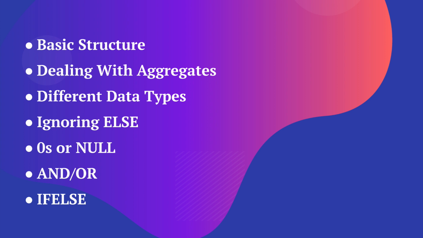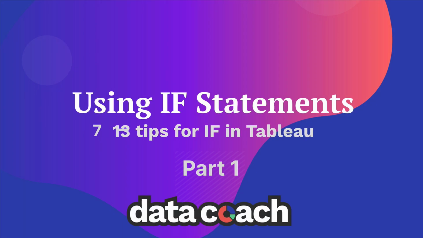And then in tip number 5, we discussed why you want to use nulls over zeros in the else statement when you want to ignore things. In tip 6, we discussed the and and the or. And finally, in the else if, we talked about how you can provide multiple arguments and multiple values for each of those arguments with the else if statement.